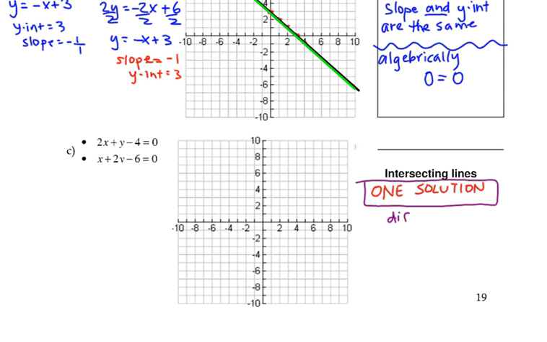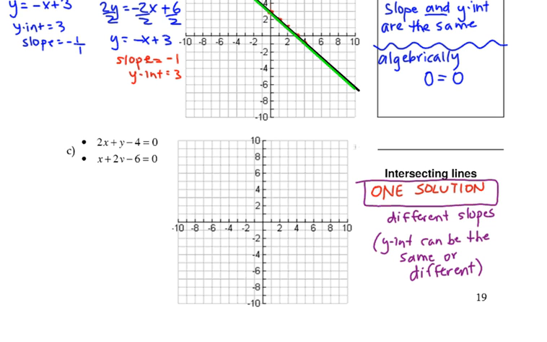The y-intercept can be the same or it can be different. So all we're always looking at is the slope. And only if the slopes are the same do you have to look at the y-intercept. So different slopes, y-intercept can be the same or different. Doesn't matter. If it's the same, that just happens to be your intersection point.